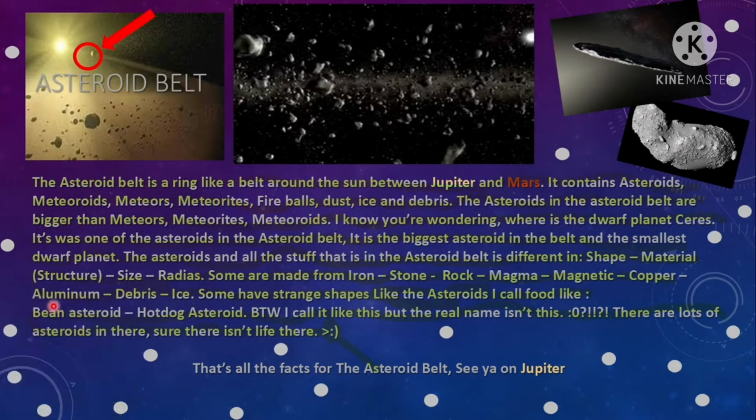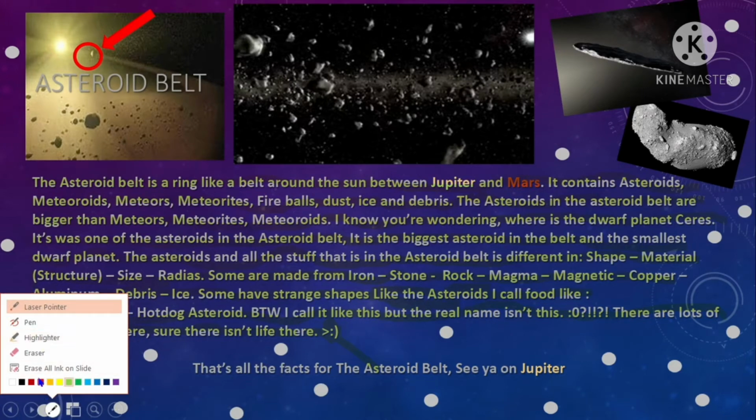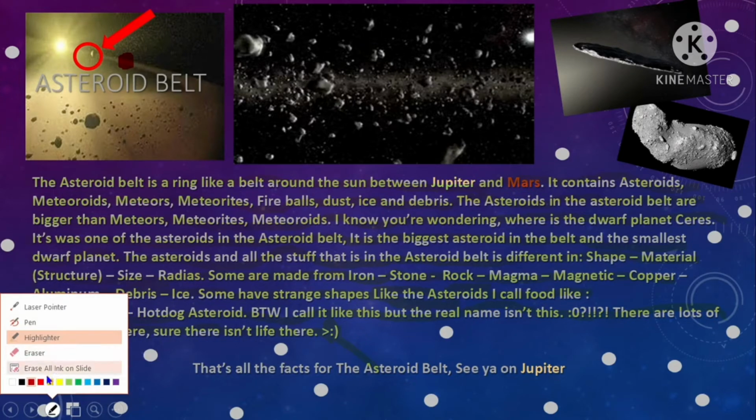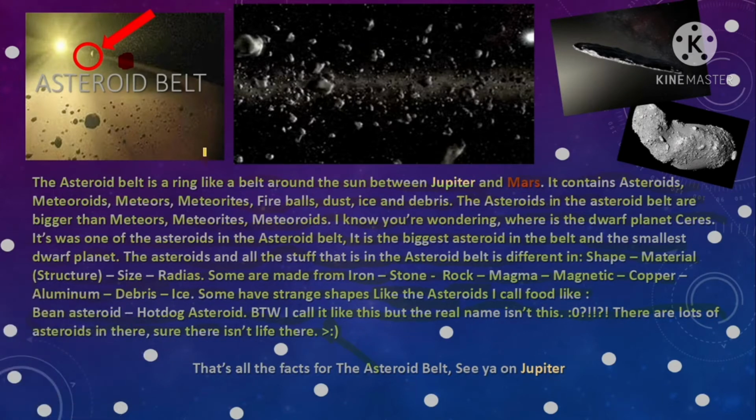The asteroid belt is a ring like a belt around the Sun between Jupiter and Mars. Let's explain this part. This is a photo of the asteroid belt. They needed to draw Mars here, and Jupiter after the asteroid belt, in this part here, but they didn't draw it.